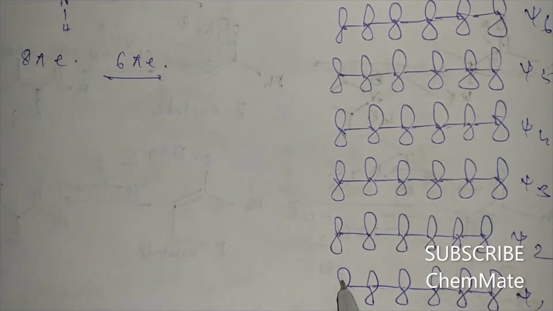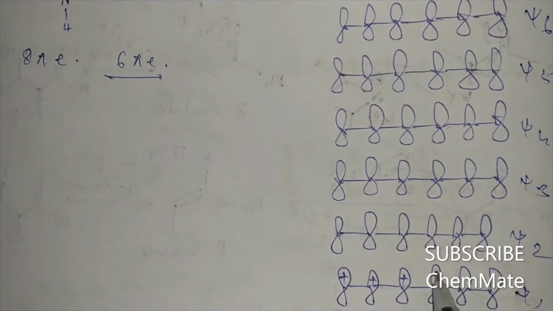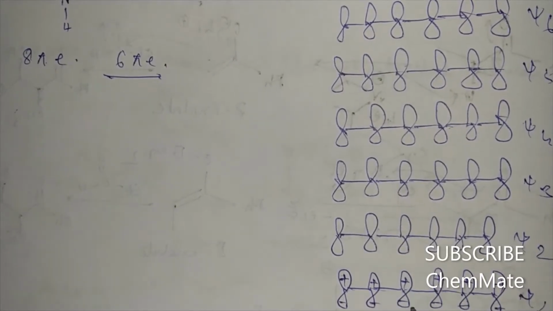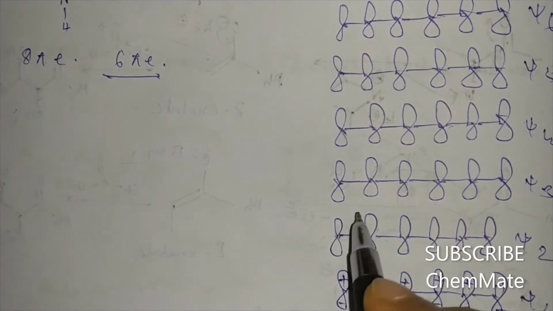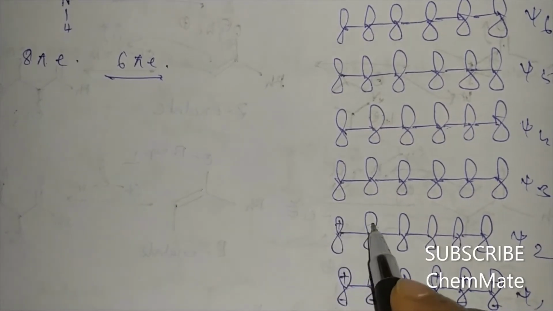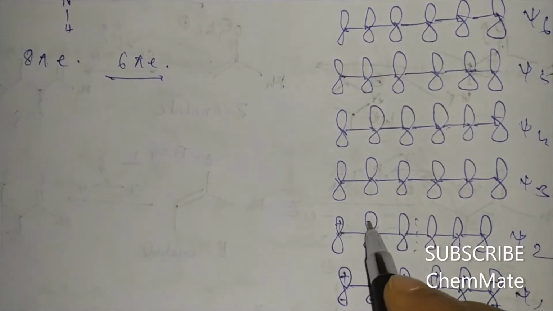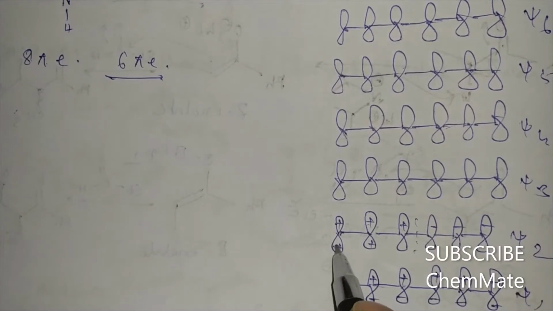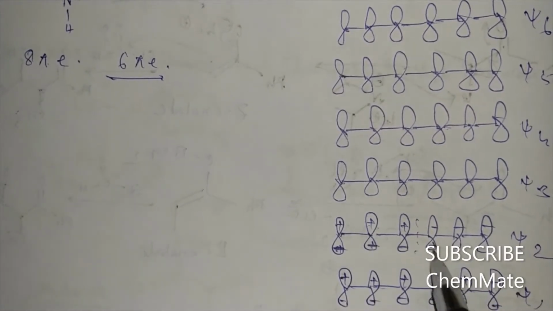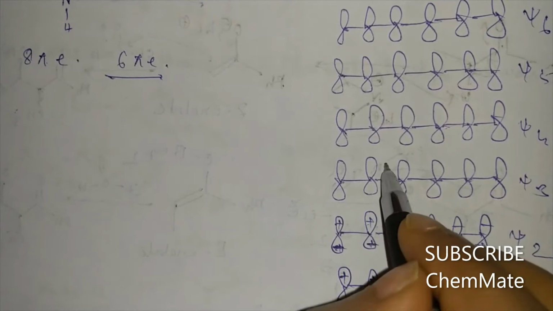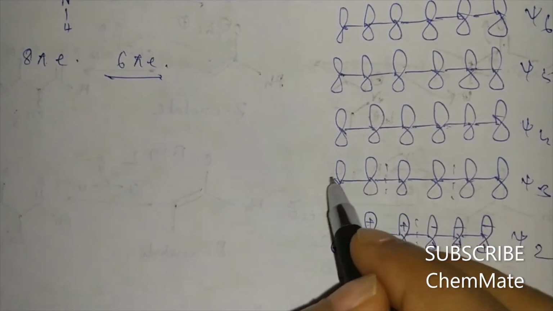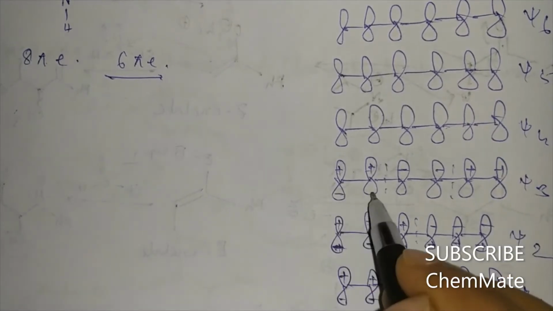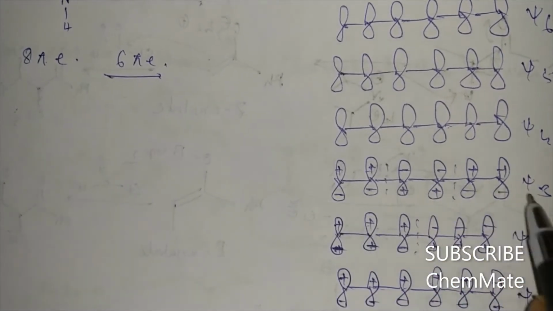Now psi 1 has no nodal plane, so the wave function sign will be like this. Psi 2 will have one nodal plane, so it will be like this. Psi 3 will have two nodal planes, so plus plus minus minus plus plus minus minus plus plus minus minus.